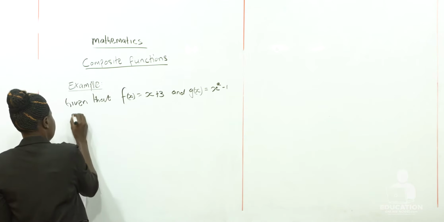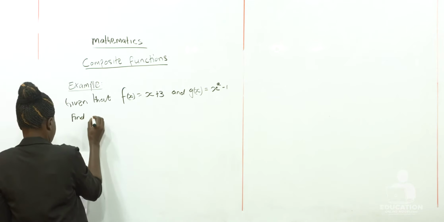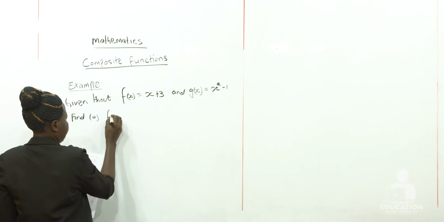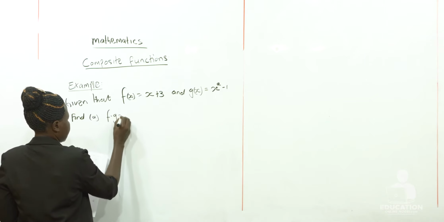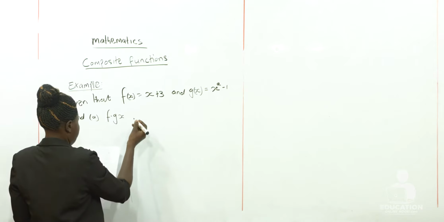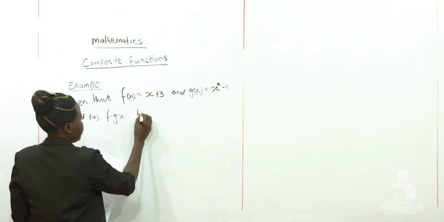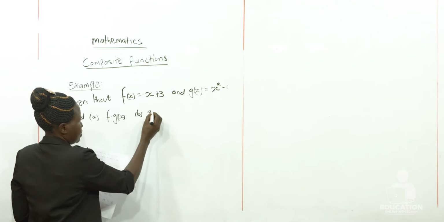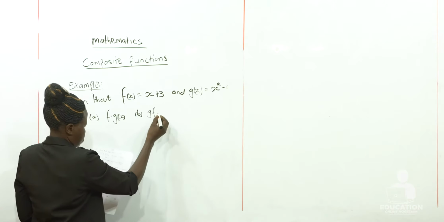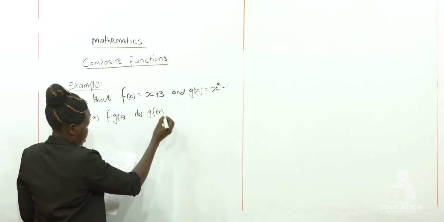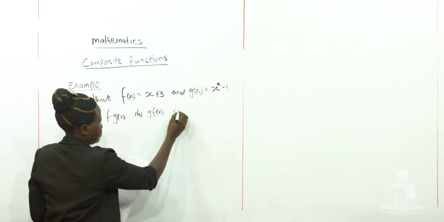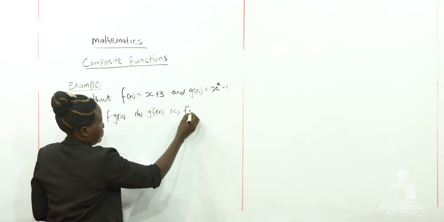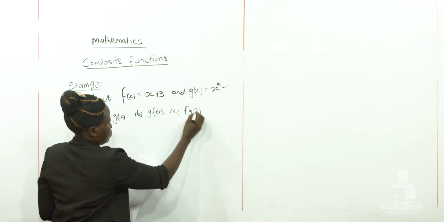Then they said find: A, f g of x; and then B, g f of x; and then C, which is f g of 2.